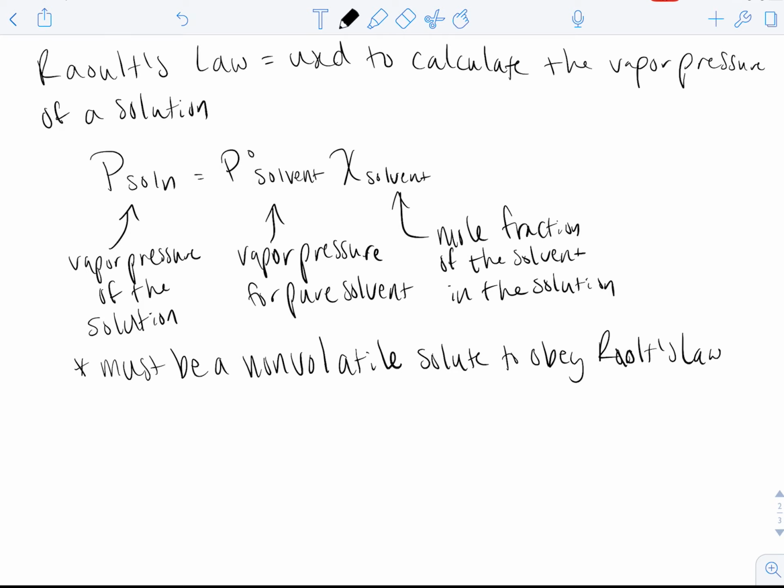Okay, and in order to obey Raoult's law, we have to have an ideal solution.